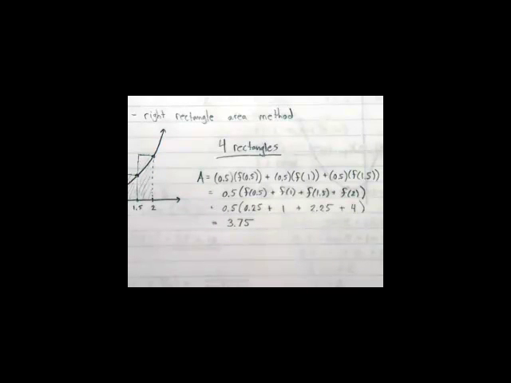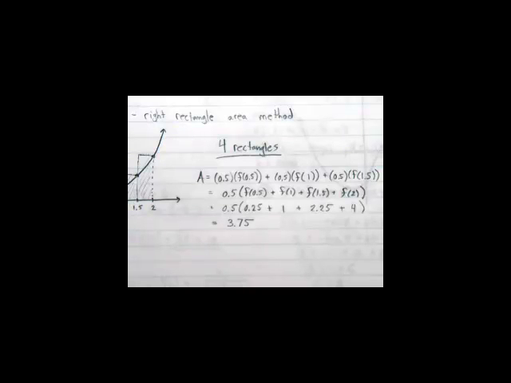Now, there's RAM and there's also LRAM. What do you suppose LRAM stands for? Left rectangle area method. Okay. So we're going to do that as well. And think about this for a second. Is LRAM going to be an overestimation or an underestimation? It'll be under, because we're using the left corner of every rectangle to add it all up.